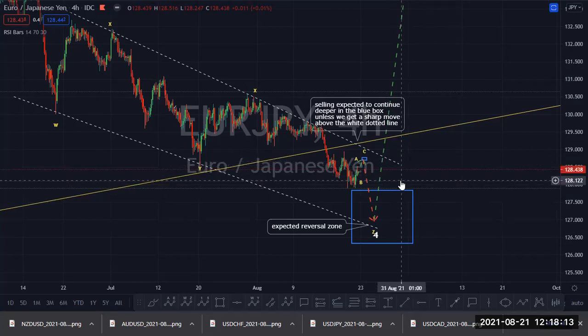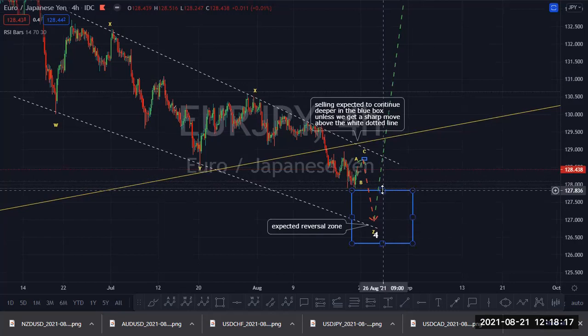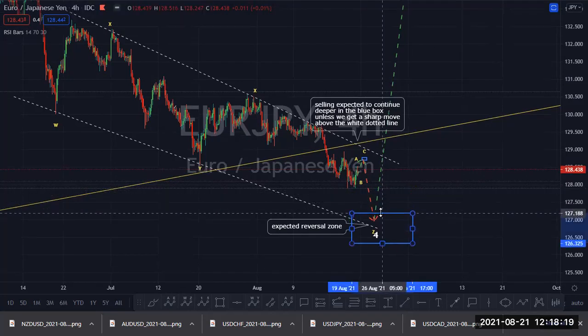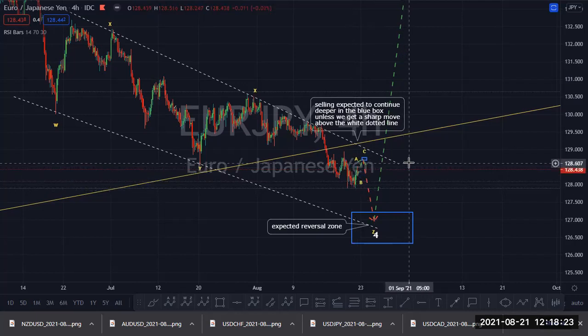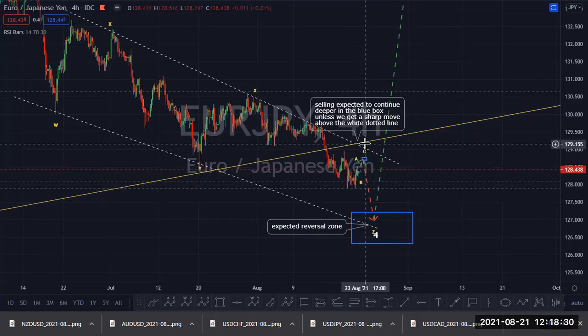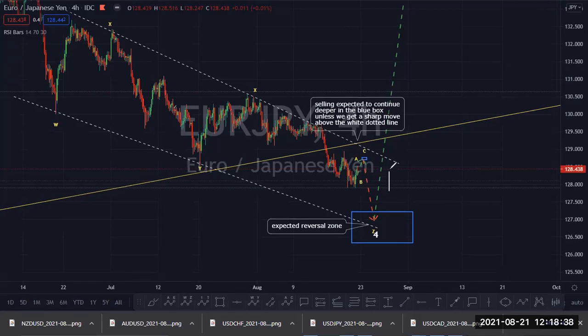But mind you, in as much as we expect this to happen, the pair might have ended the selling here. How can we be sure? How can we know that that will happen? Once we see a sharp candle like this move above this line, then we look for this and buy.